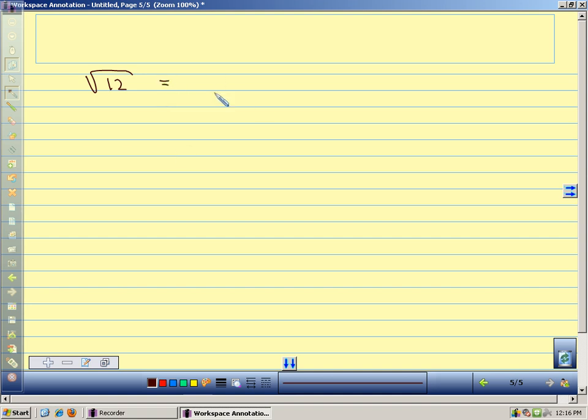So what I do is I write square root of 12. I want to factor 12 into factors where one of them is a perfect square. So 12 is 4 times 3. And now I can separate the square roots. The square root of 12 is the same as 2 times the square root of 3. I separated 12 into 4 times 3. The square root of 4 is 2.